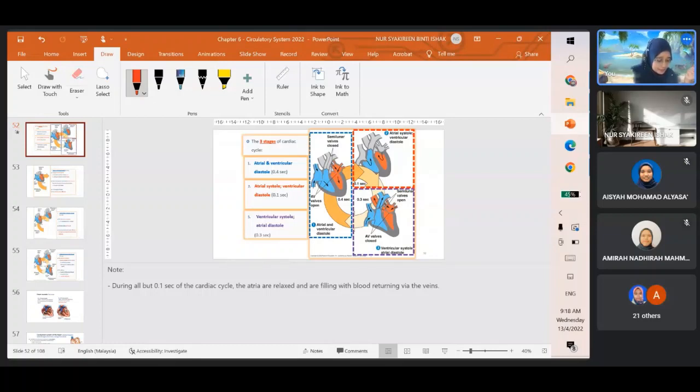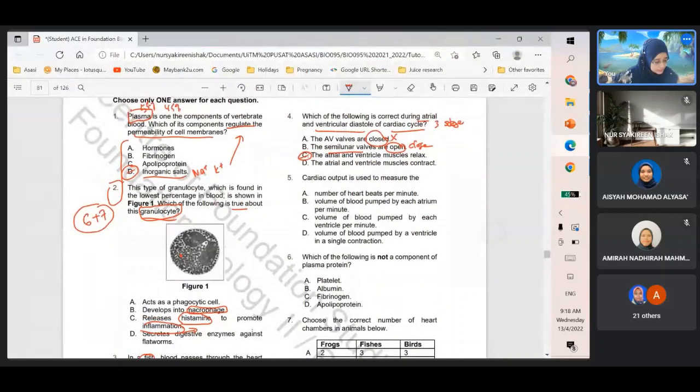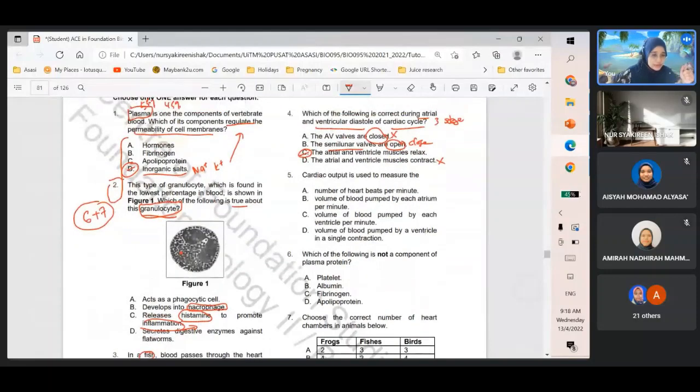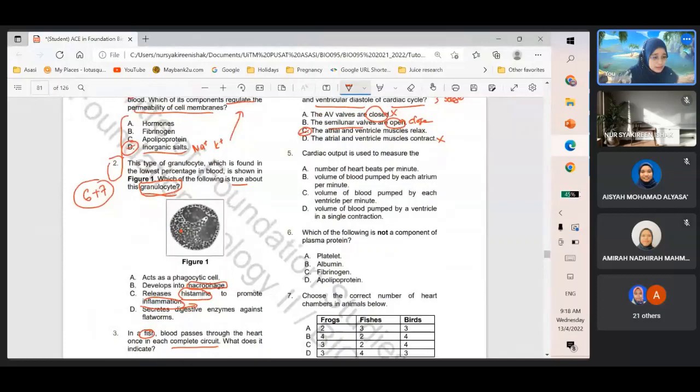Okay, kalau ventricle contract mesti atrial relax macam tu. Okay, so yang dia serentak relax adalah stage yang pertama. Okay, so you have to know these 3 stages of cardiac cycle, which all together it took about 0.8 second. Okay, 0.8 second. So ini memang statement D ni memang salah lah kan. Dia tak boleh both contract. Okay. So thank you Amira.